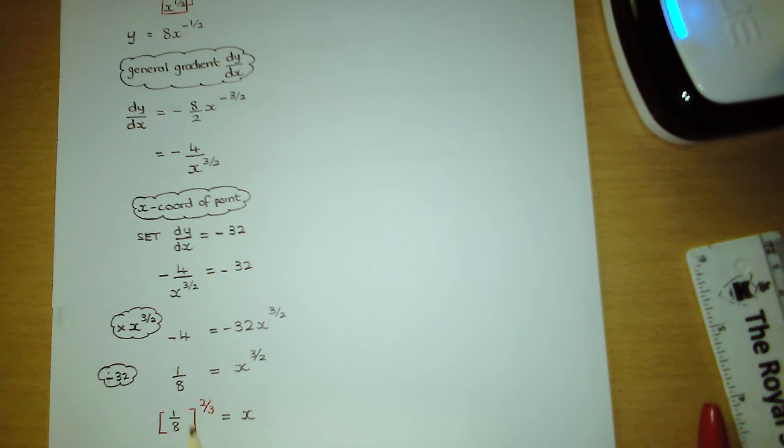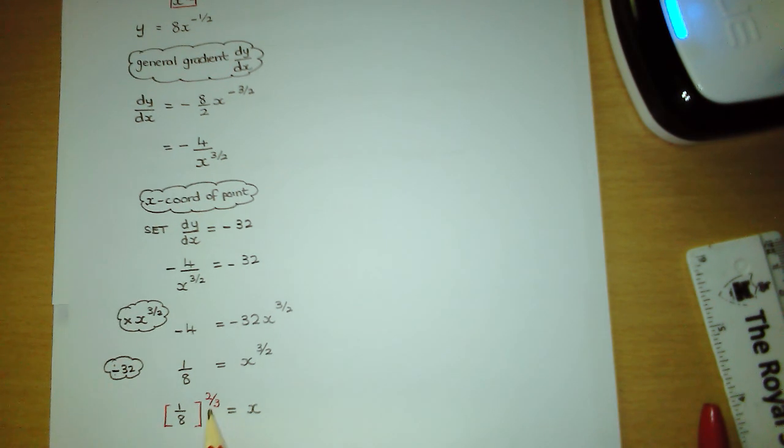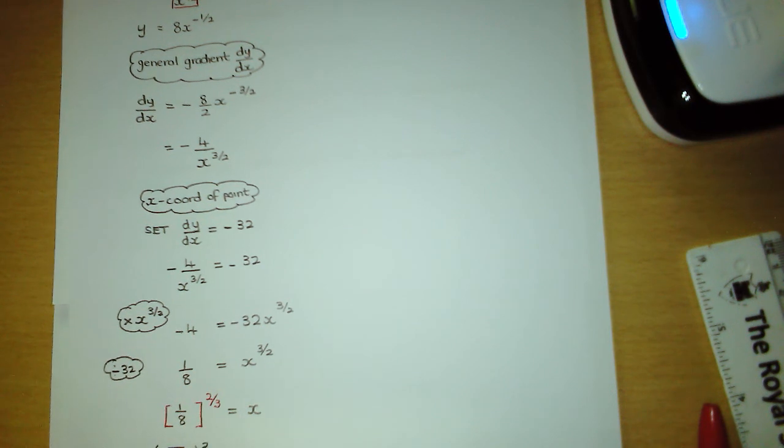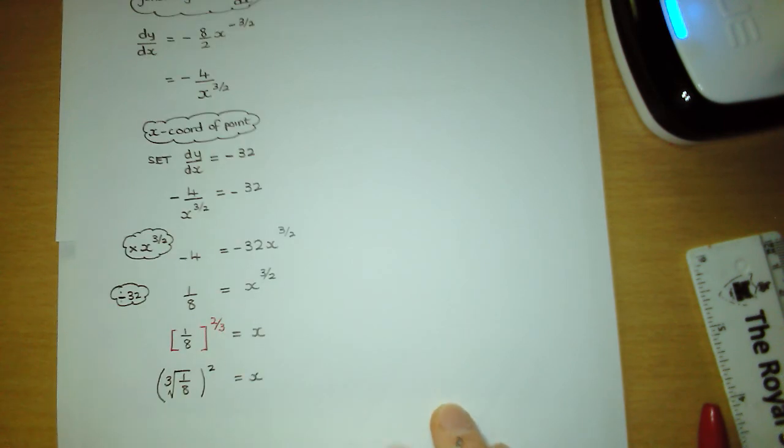So let's work out 1/8 to the power of 2/3. You could type it into your calculator, or if you remember, the denominator tells you what root to take. So we're taking the cube root of 1/8, and then the other power is just going to be 2, and that's going to give us just x. So the cube root of 1/8 is going to be 1/2, because 1/2 by 1/2 by 1/2 will give us 1/8. So that's just 1/2.